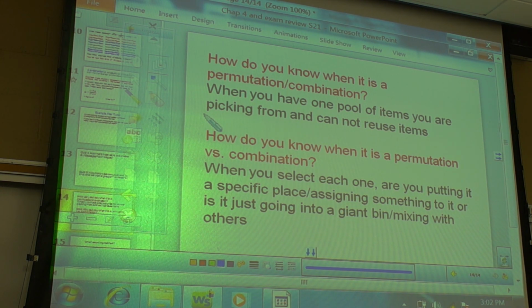But if I say, I'm going to pick someone to be a sweeper, a goalkeeper, a left half, a left fullback, a right half, stopper, right? If you're picking them for a specific position, then all of a sudden order matters. But if it's just going into the giant bin or mixing with others, then that's the chaos. That's when you have more numbers. You have numbers on top and along the bottom to divide.